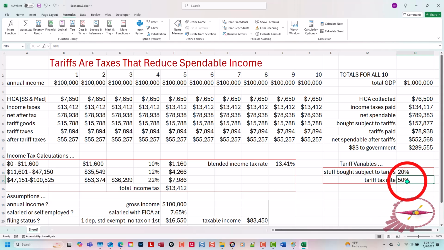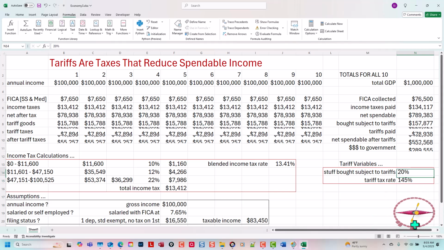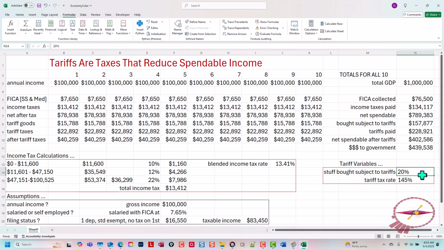And right now, we were looking at a 145% tariff on Chinese goods, and we'll leave our 20% number here for the stuff we actually buy that's imported. We jump back over here, our tariff taxes have gone up significantly. And we only have $40,000 left over to buy stuff that's not imported.